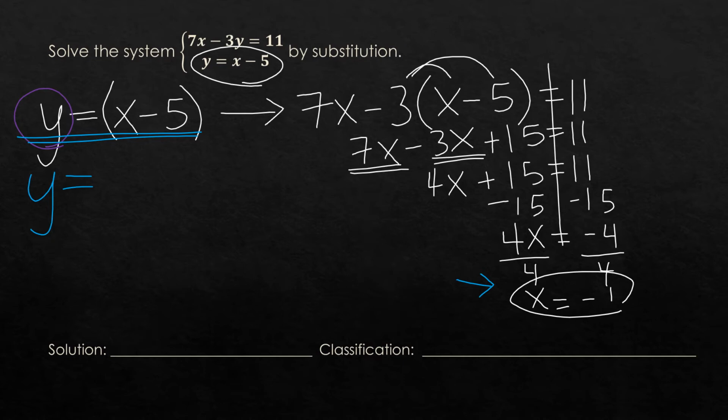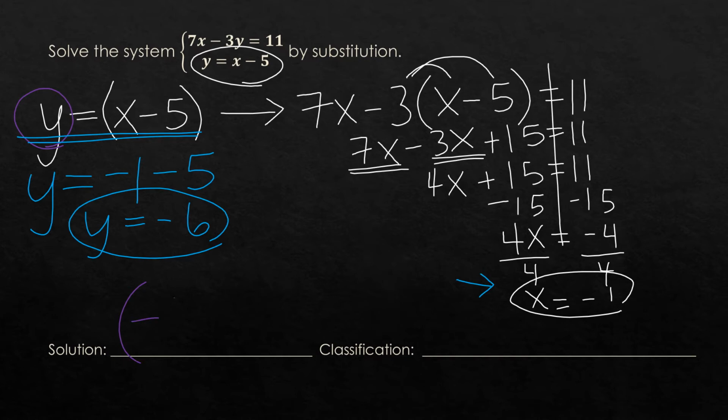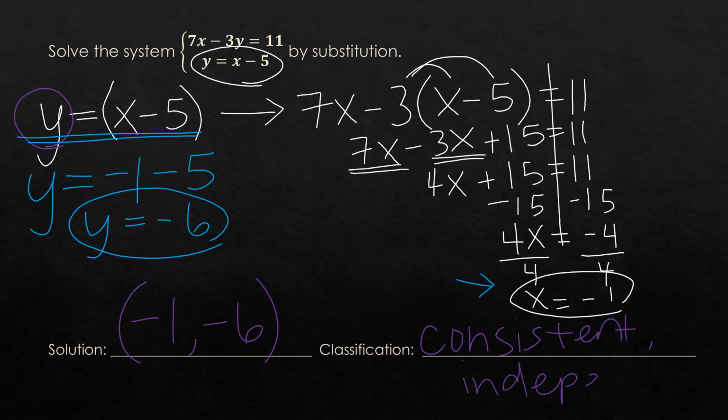So y equals negative 1 minus 5, which is negative 6. So y equals negative 6. That means my solution is negative 1, negative 6. And because I do have a solution, my classification is going to be consistent. And because we have one solution, it is going to be independent.